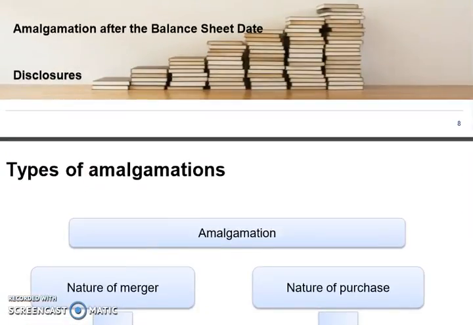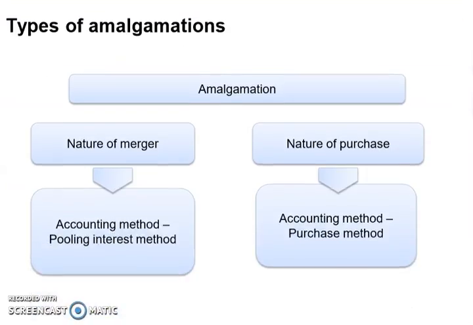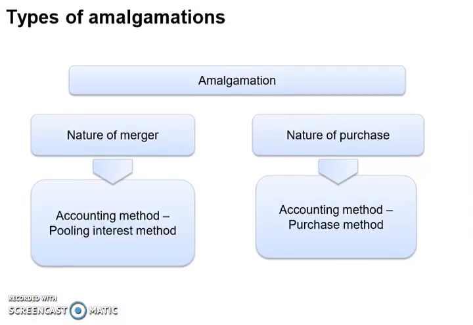Now AS14 tells that amalgamations are of two types: amalgamation in the nature of merger, and amalgamation in the nature of purchase. And different accounting treatments are followed in different types of amalgamation. Now, the number one is nature of merger.